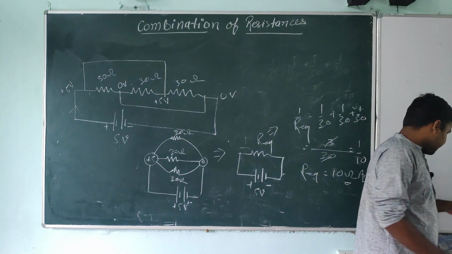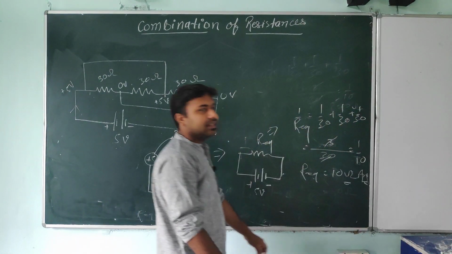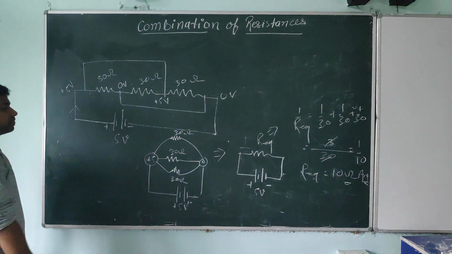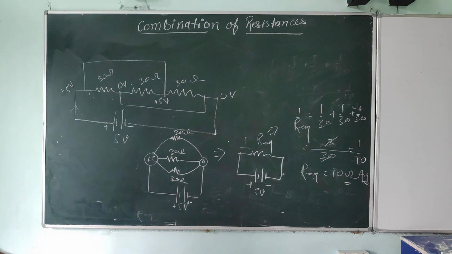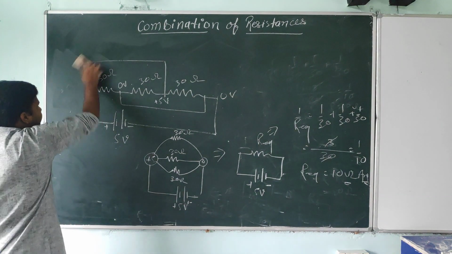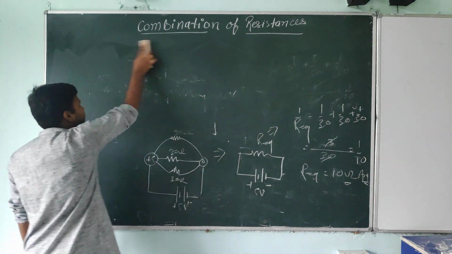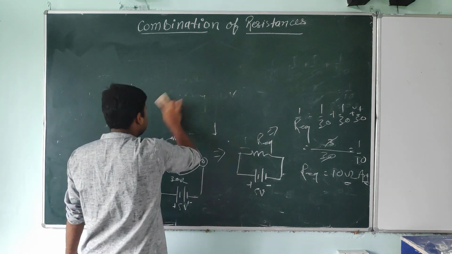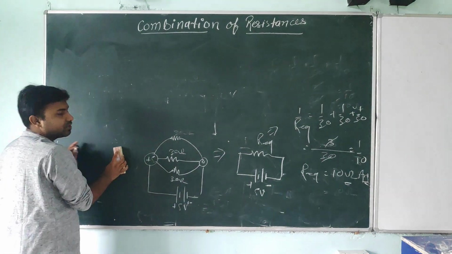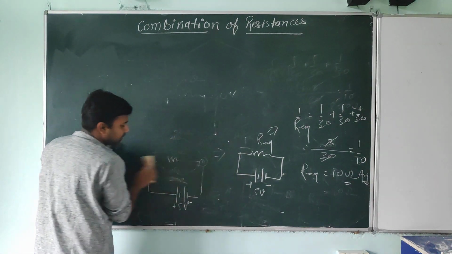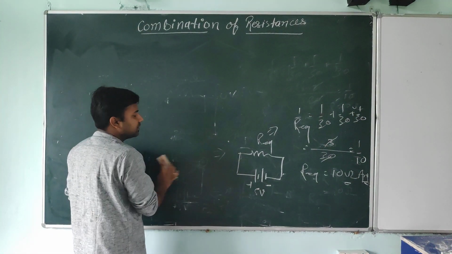Okay, another type of question, I am going to take a ladder question. These questions are based on the basic concept of series and parallel combination of resistance. In 10th class we don't have other concepts, students, like star, delta and others. These things are in 12th class.